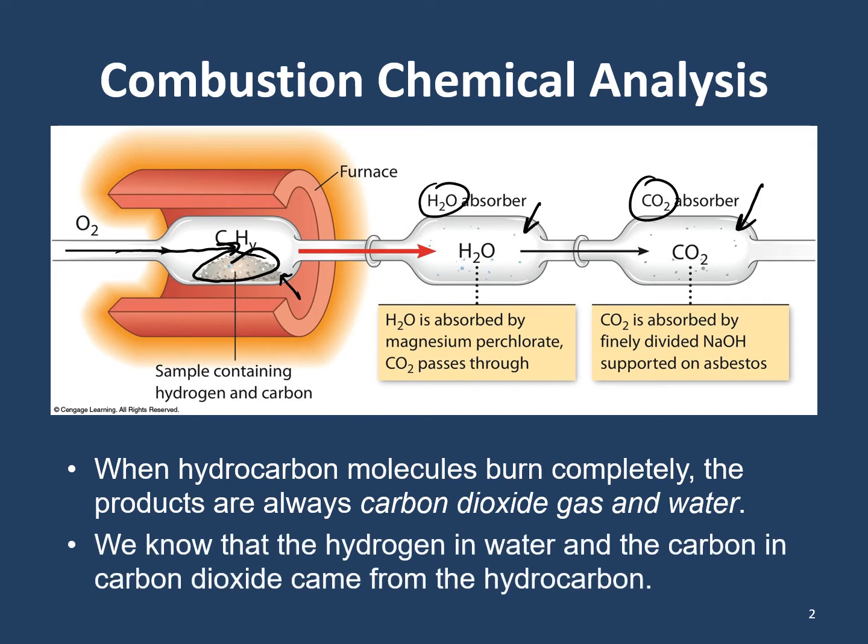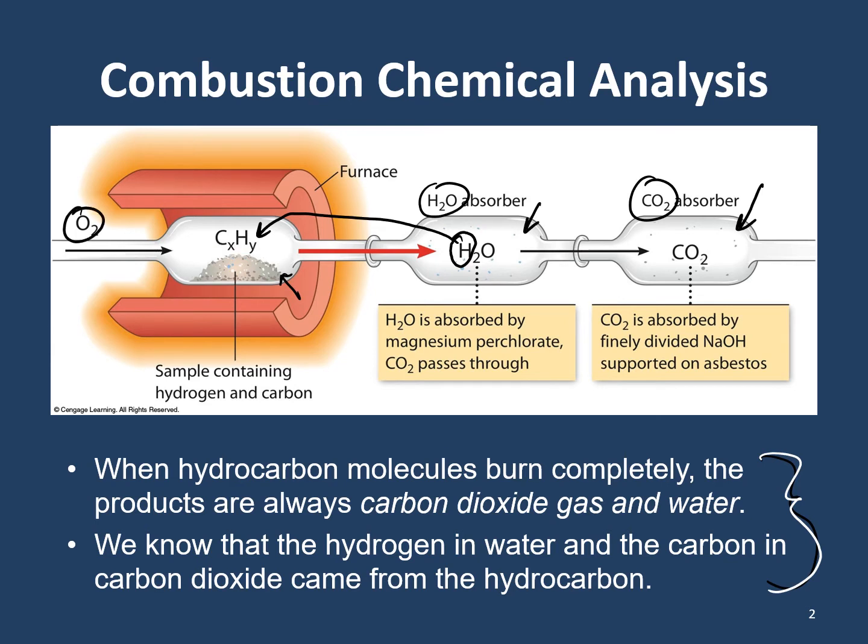So just down here, what we're talking about is that hydrocarbons, when we combust them, are going to burn and form CO2 and water. One of the things that's very important here is where all this hydrogen in the water came from. It only could have come from one place, our organic compound that's the unknown, right?